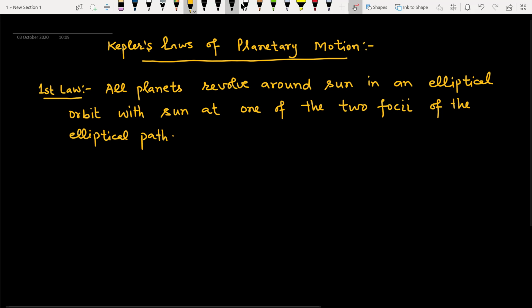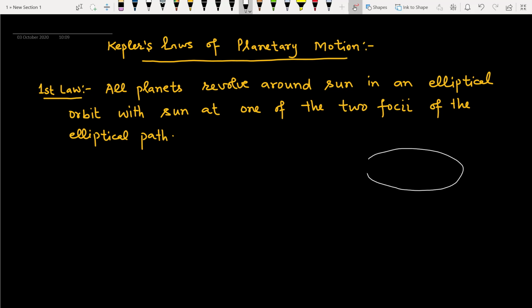That is, suppose this is the elliptical path, this is the major axis, this is the minor axis, and this elliptical path has two foci. Foci is the plural of the word focus, and Sun is present at one of them.